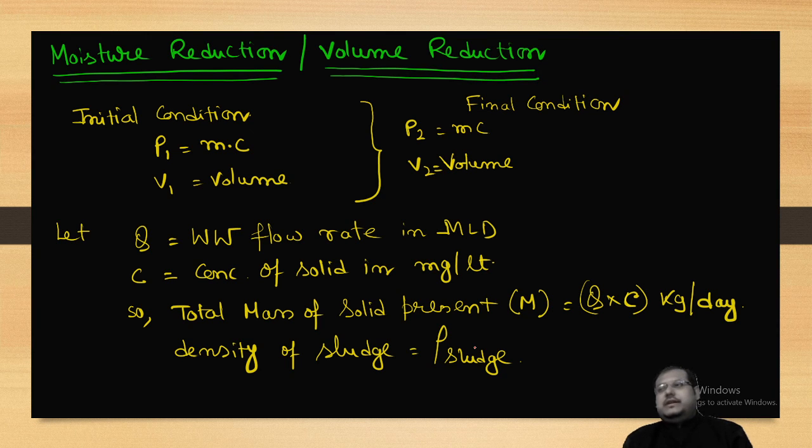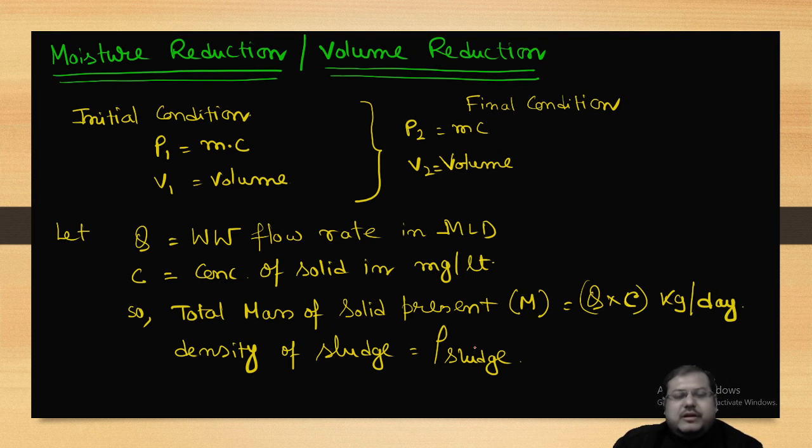Wastewater flow rate in MLD is Q and the concentration of solid is C in milligram per liter. Clear?